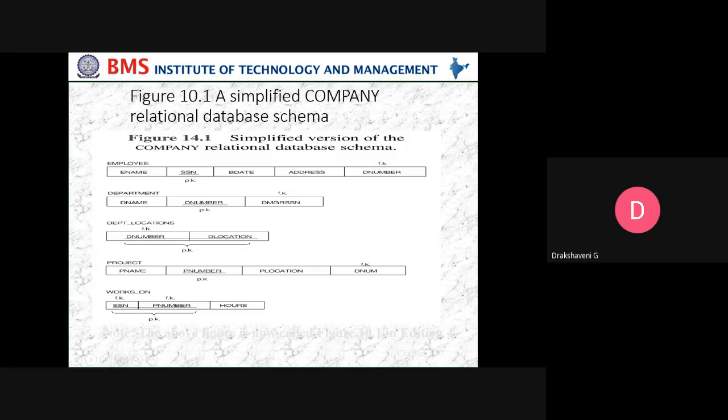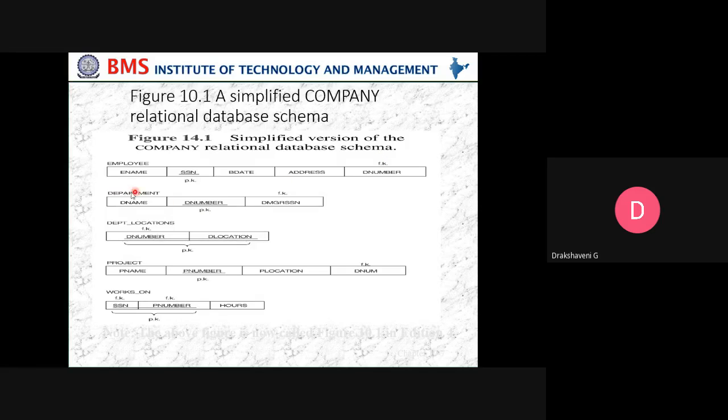In this case, we have seen a company database, and in that company, how many relations do we have? We have employee, department, department location, project, and works on. What is employee? Employee name, SSN, birth date, address, and D number. In the employee table, we have SSN as a primary key and D number as a foreign key.